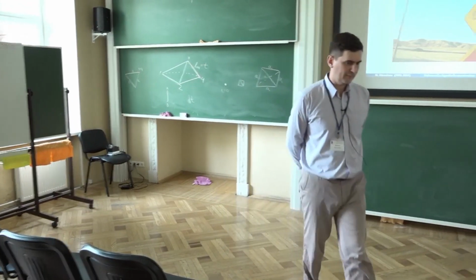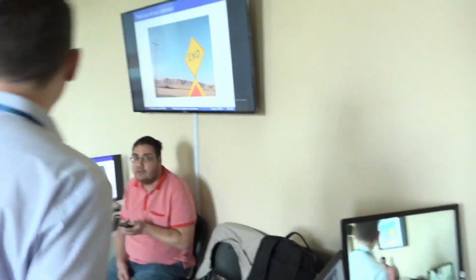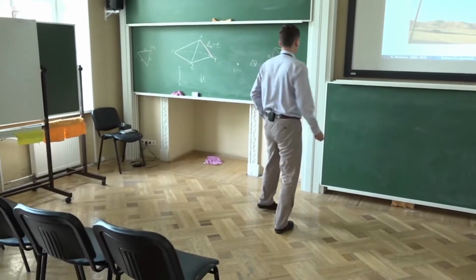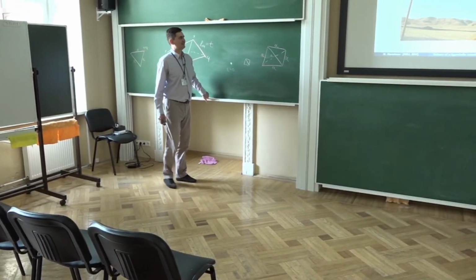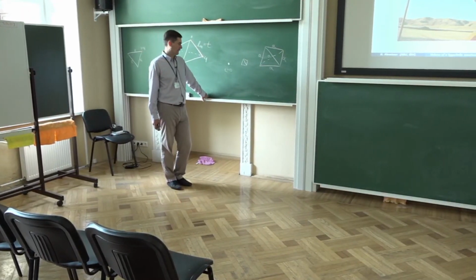Do you think there's a symmetric formula? There are many formulas, and some of them are very nice for the volume of a hyperbolic tetrahedron.